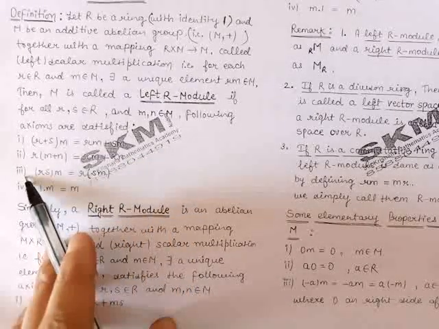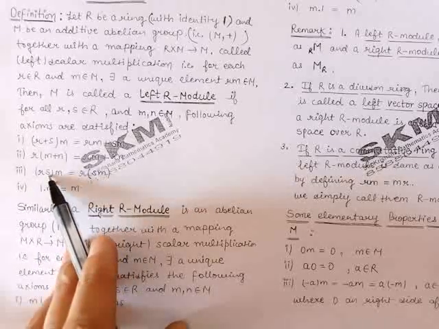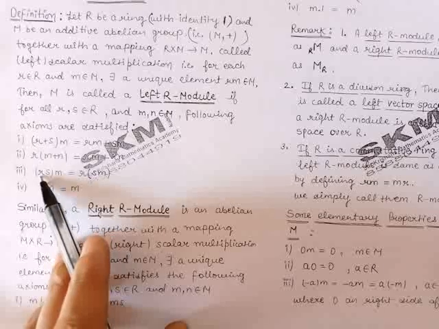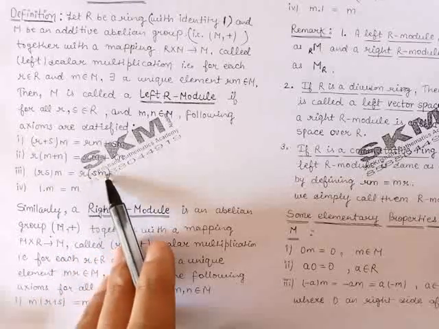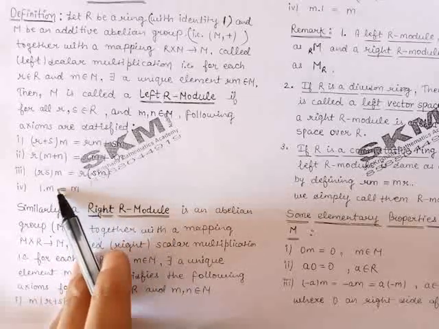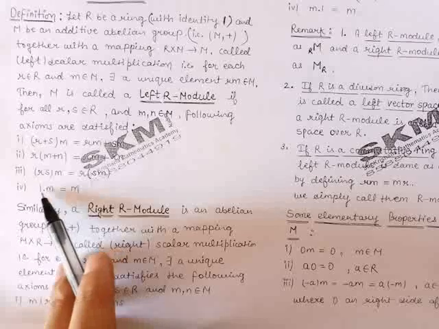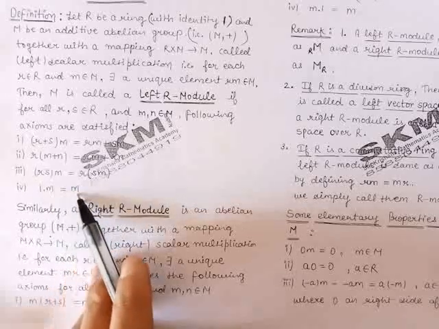In the third condition, for m belonging to M and r, s belonging to the ring R, (rs) times m is equal to r times (sm). And this condition is additional: if the ring R has identity element 1, then 1 times m is m.